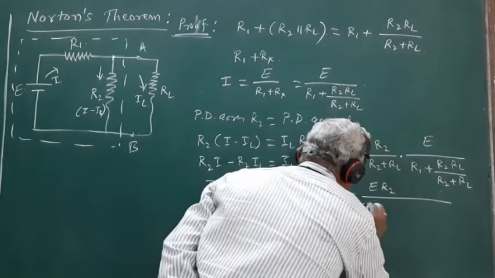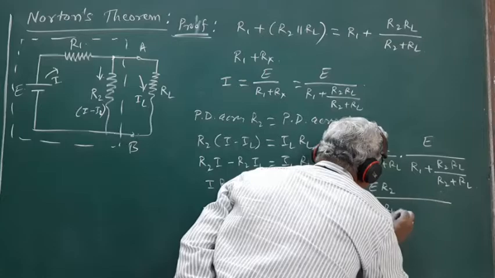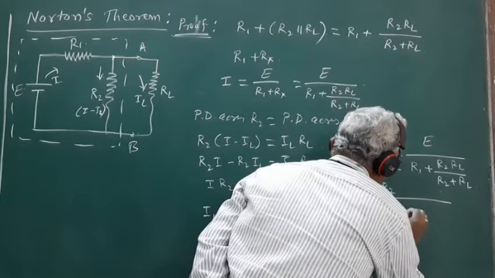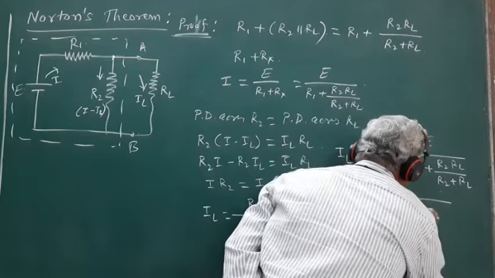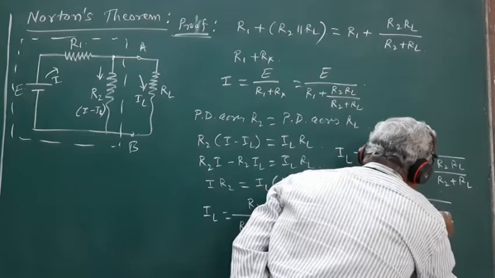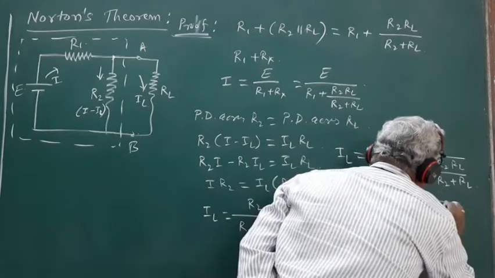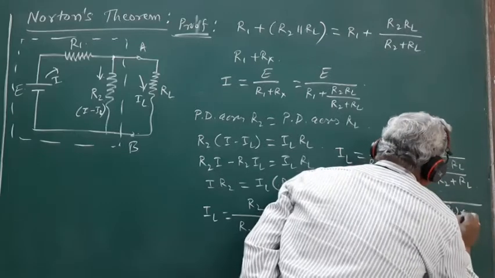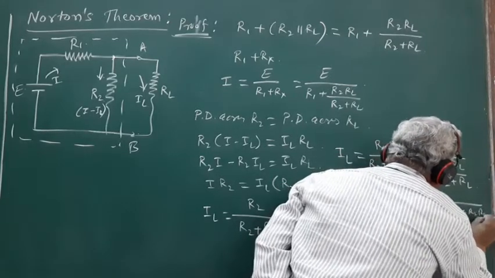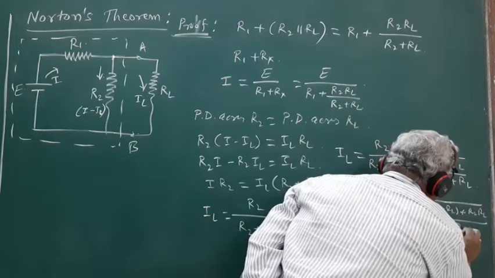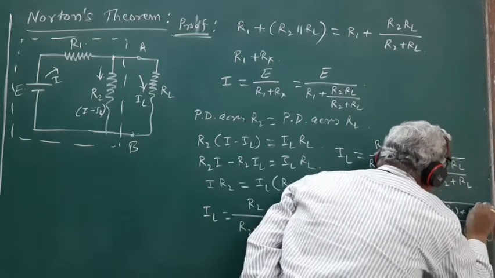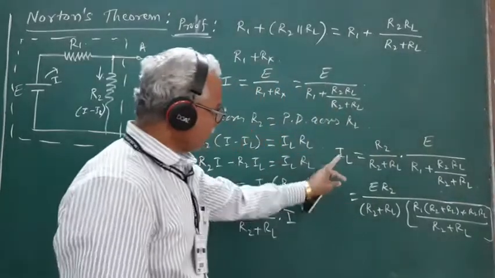divided by R2 plus R into 1 bracket for IL.